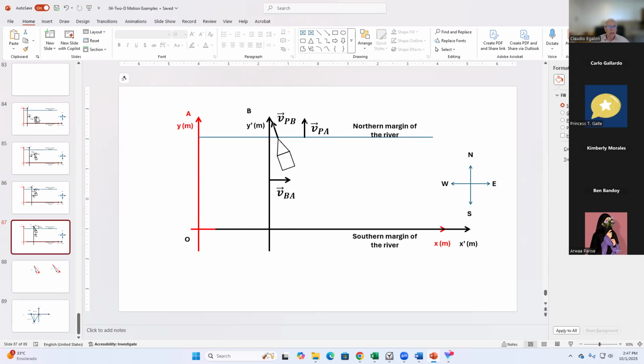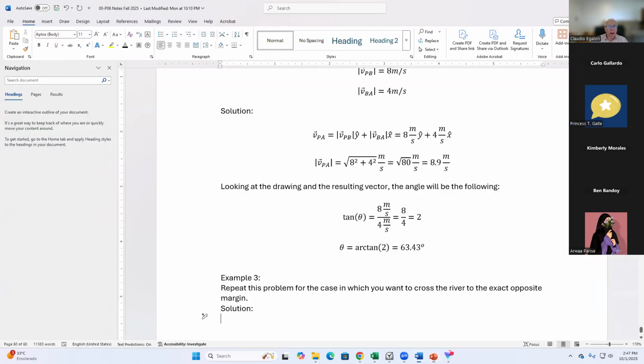Okay. And then what I want you to do is repeat the above two problems for the case in which you want to cross the river to the exact opposite margin. Okay, we already did that in a qualitative fashion, and you should be able to finish this problem up numerically.